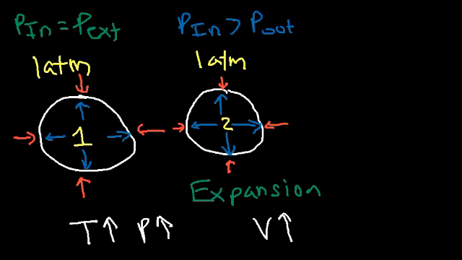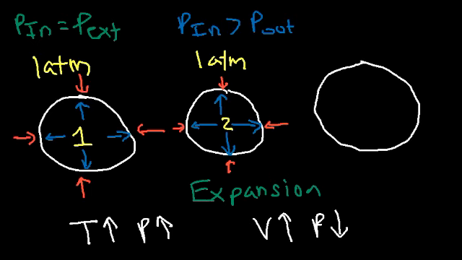And so, according to Boyle's law, what happens when the volume goes up? Whenever the volume goes up, we said that the pressure will go down. So right now, the balloon's going to get bigger. As it gets bigger, the gas molecules inside of the balloon are going to have more space. Because they have more space, they will collide less with the walls of the container. And because the collisions will be reduced, the pressure is going to go back to normal.